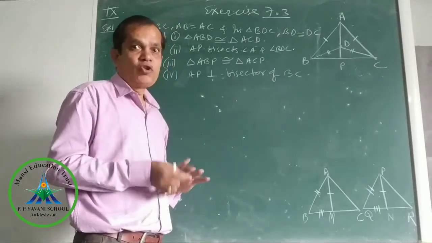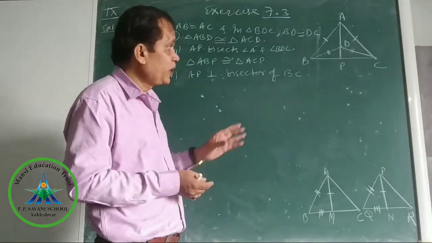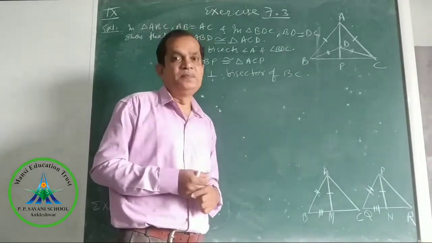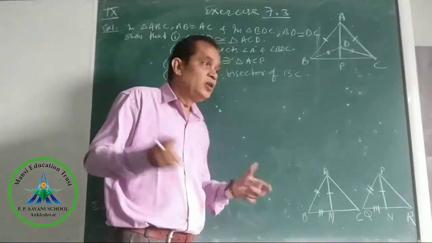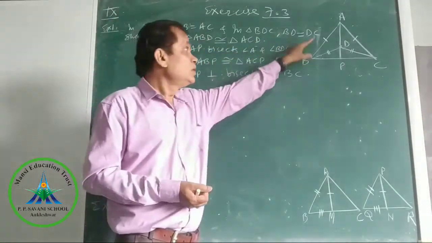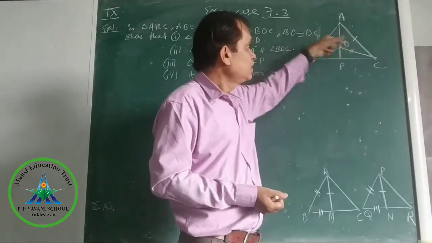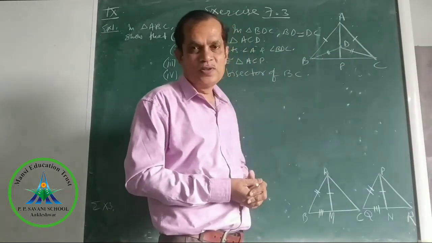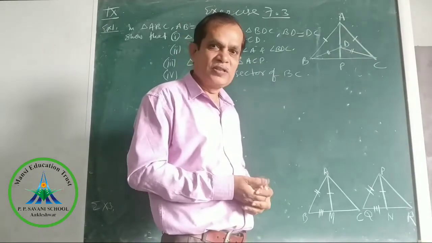If we remember the congruence rules, wherever they are in diagrams, they are readable for us. So first we prove ABD congruent to ACD by the side congruence rule. So you will write it yourself.